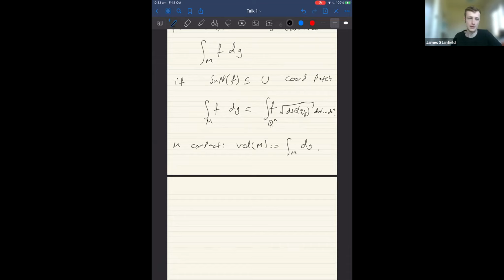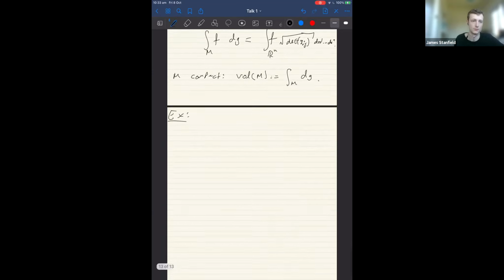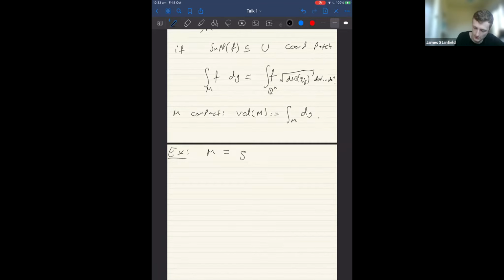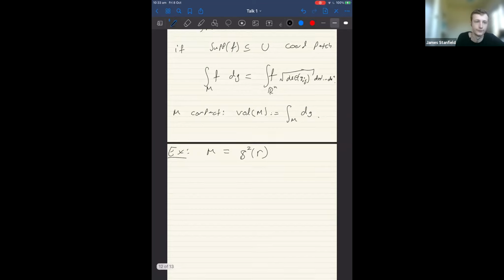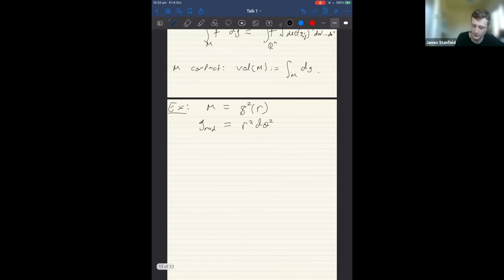Right. Maybe as a real quick example of this volume form, just to bring it down to earth, if M is, let's say, the sphere of radius R, then the round metric, which I didn't define before, you can write in local spherical coordinates as follows.